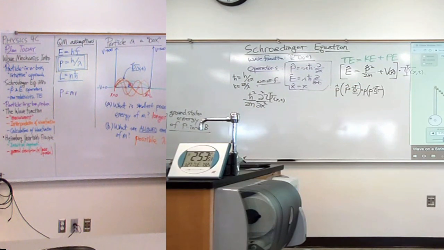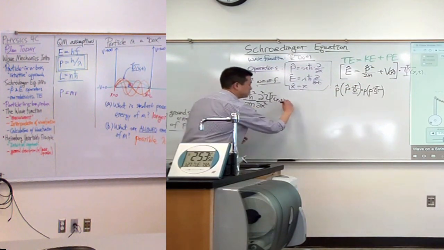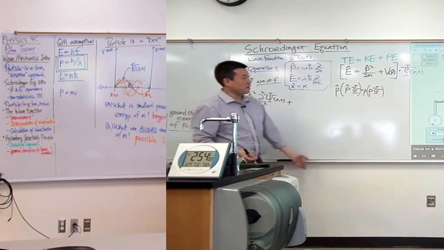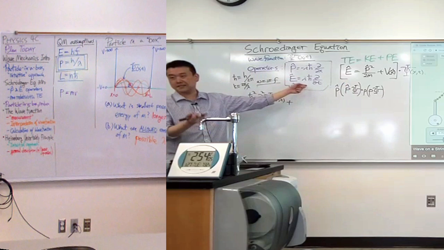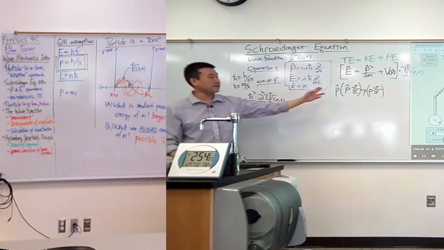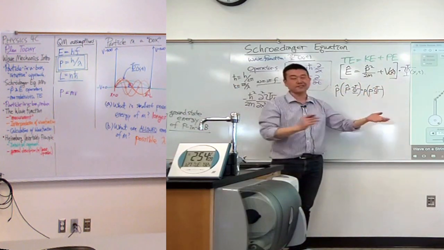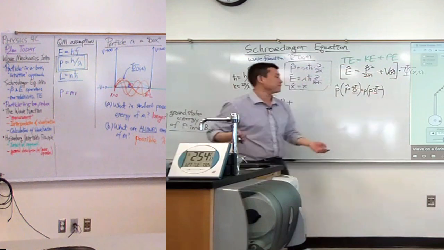Good? So this is the kinetic energy term, plus the potential energy term. With this x hat being the x itself, it's not a derivative. So all I need to do is just multiply. That's it. I'm done.